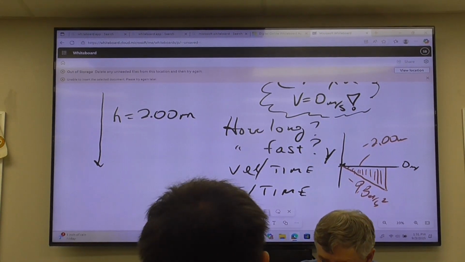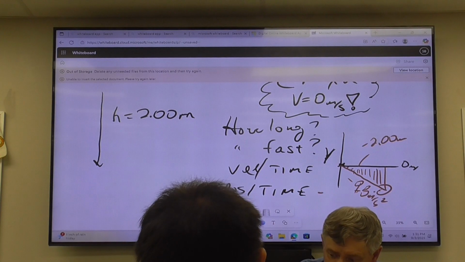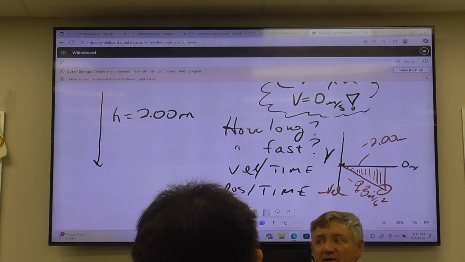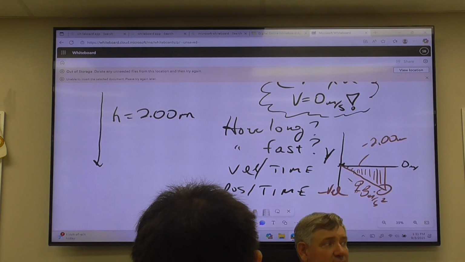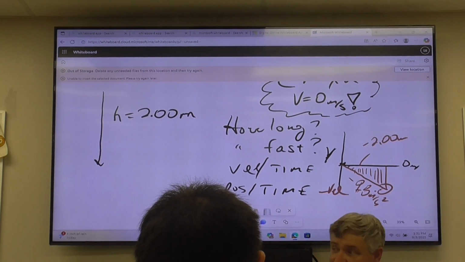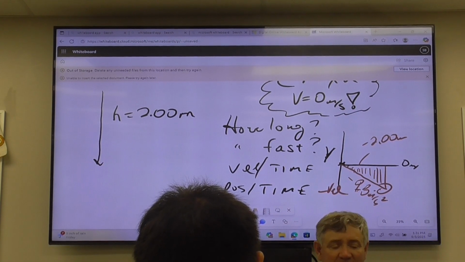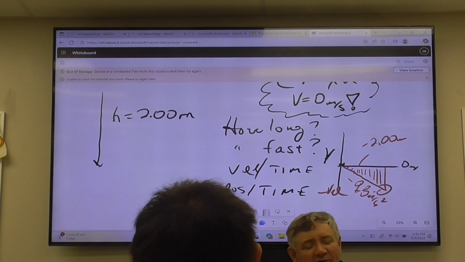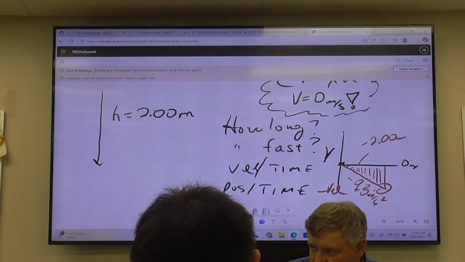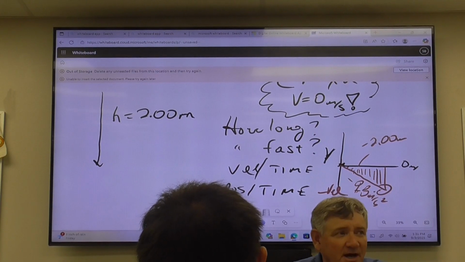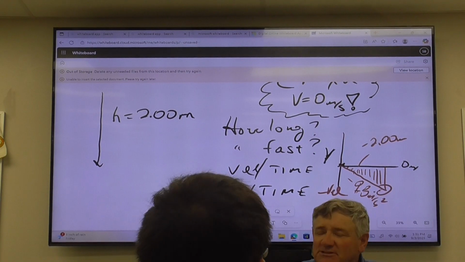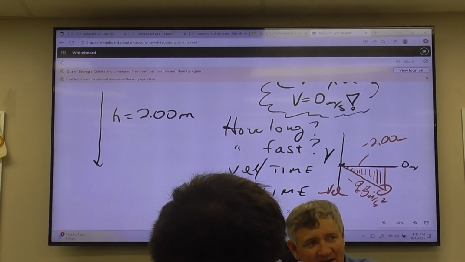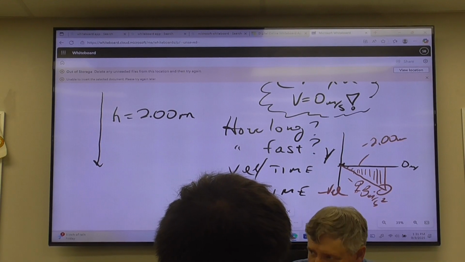Look at your velocity-time graph. So when that hits the ground, my velocity has to be a negative number, because we're defining down as negative. Now don't get nitpicky and say, oh, it's going to be 0 because it hit the ground. It's how fast it's going when it hits the ground. Don't get hung up on that.